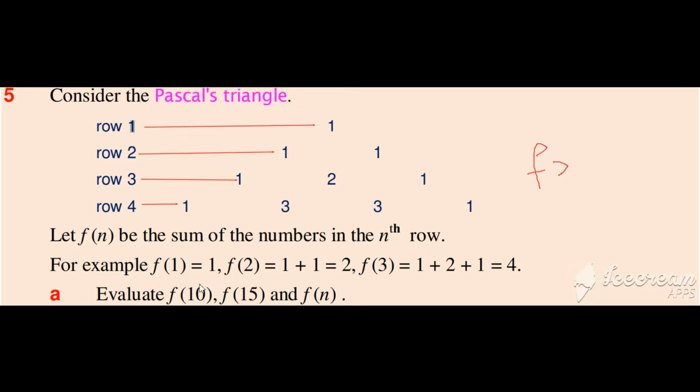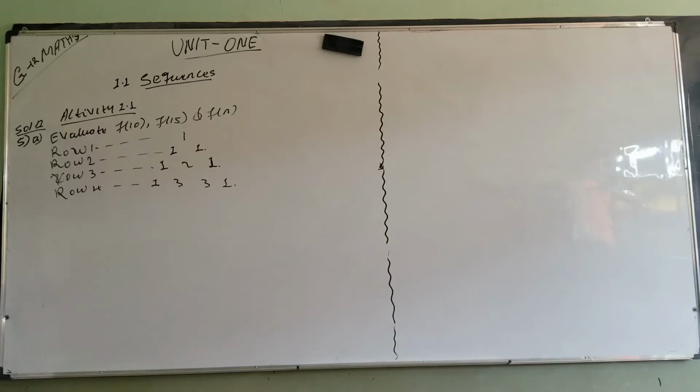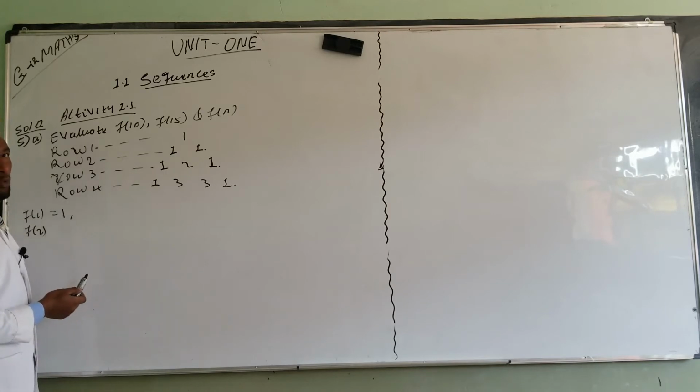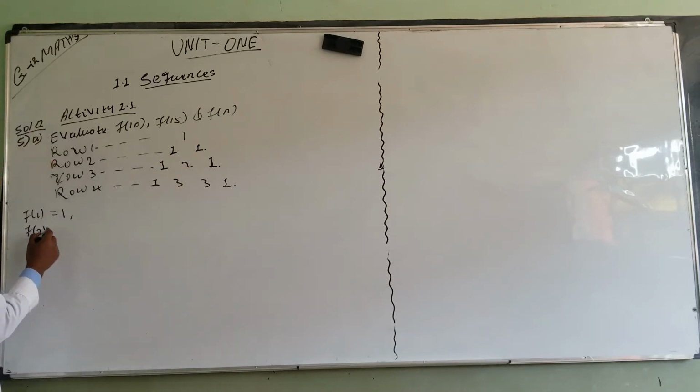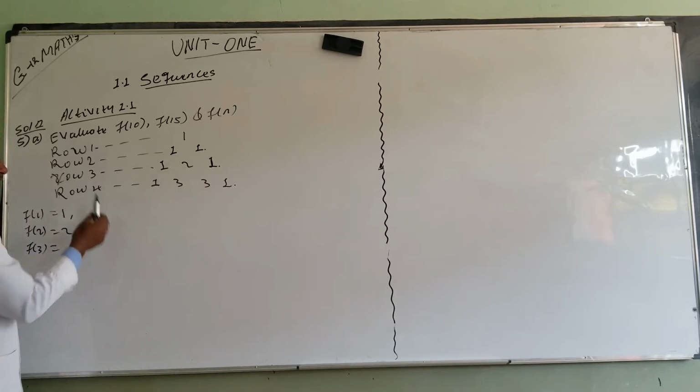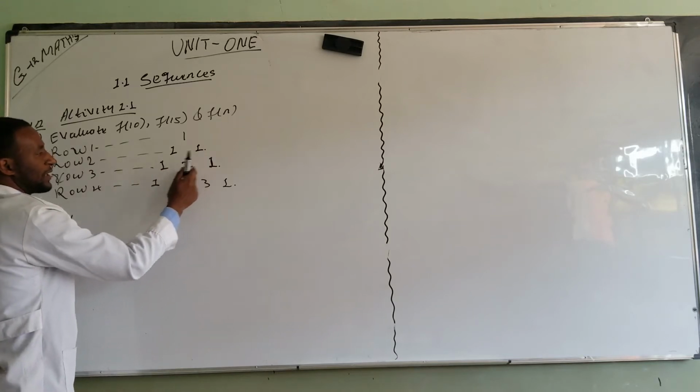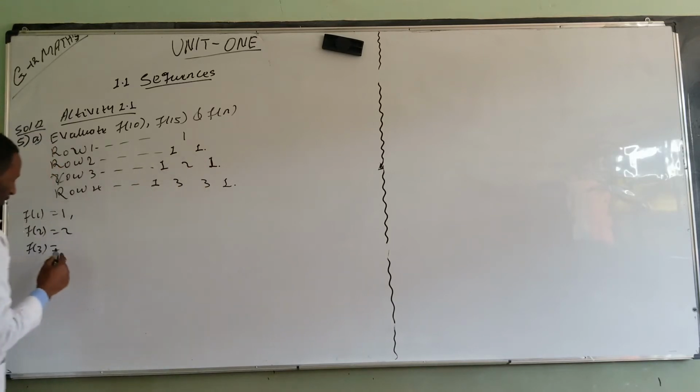Before we find f(10) and f(50), we have to find f(n) by considering the pattern given as an example. As given in the question, f(1) means the sum of numbers in the first row, equal to 1. f(2) is equal to the sum of numbers in the second row, that means 1 plus 1, which is equal to 2. f(3) means the sum of numbers in the third row, 1 plus 2 plus 1. 1 plus 2 is 3, 3 plus 1 is 4.